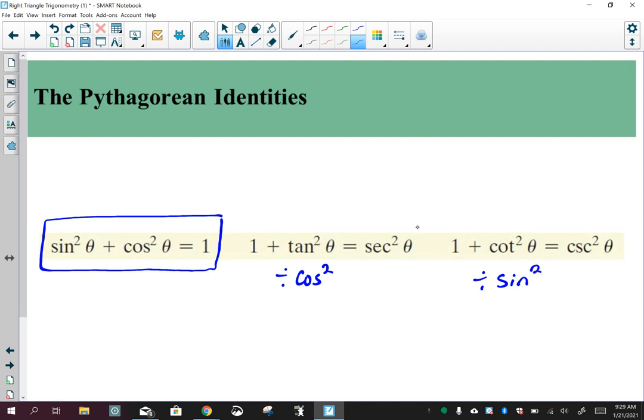So these two over here are an offshoot of this one. And these are going to be important later on because when I'm dealing with secant squared, sometimes I don't want secant squared. I need to force a tangent in there, and this forces that tangent to happen.